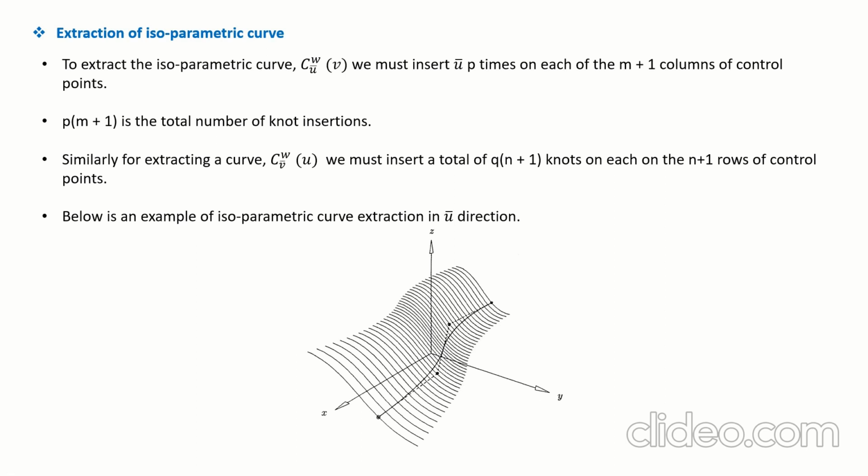Similarly, for extracting a curve C(w, v dash), we must insert a total of q into n+1 knot insertions, with n+1 being the rows of control points and q being the number of knot insertions in the v direction. Shown here is an example of isoparametric curve extraction in the u direction. This is the curve.